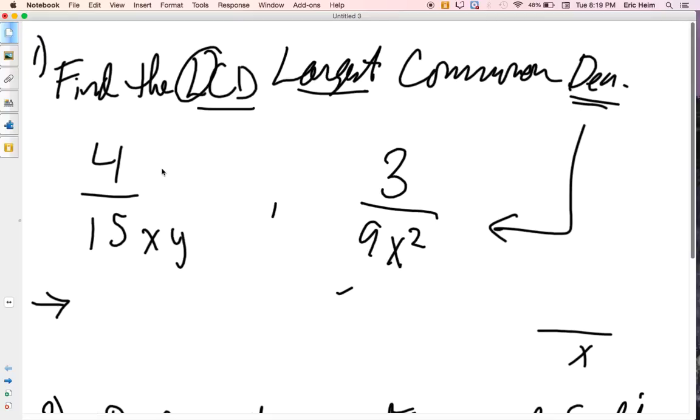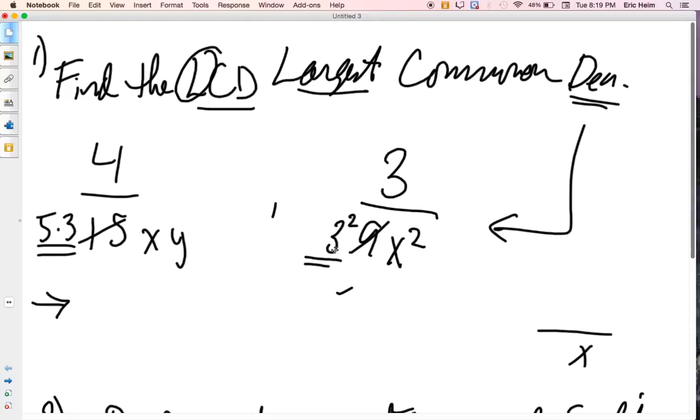The 15 is equal to 5 times 3. So I'm going to cross this out and write 5 times 3. And the 9 is written as 3 times 3, or 3 squared. Okay. So what I'm doing is I'm writing these things out, the number parts, as prime numbers so that we can factor out the prime numbers that are in each one.